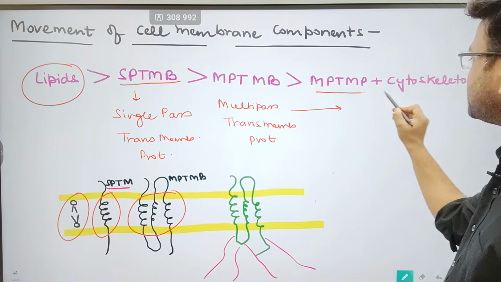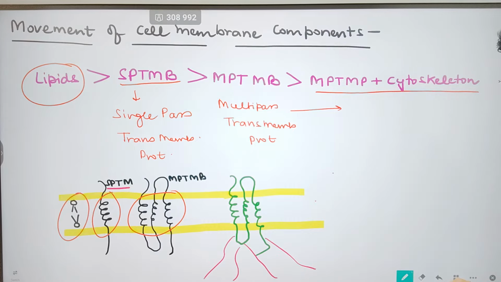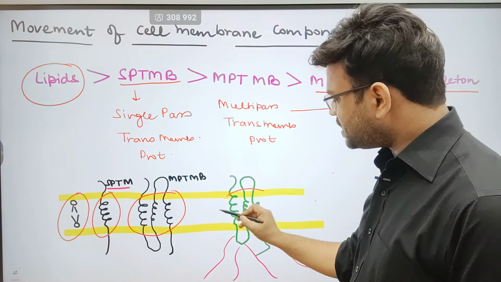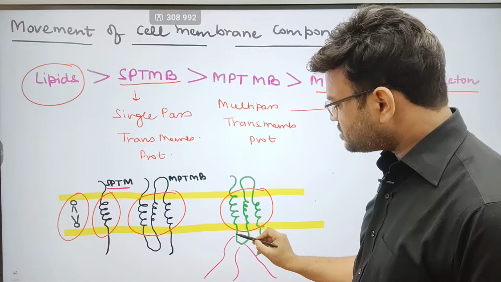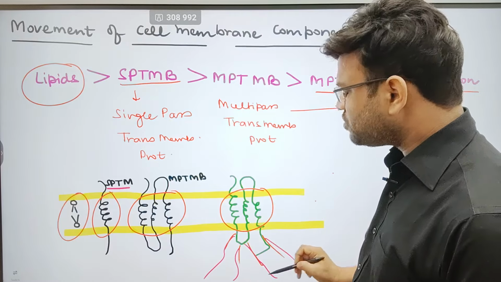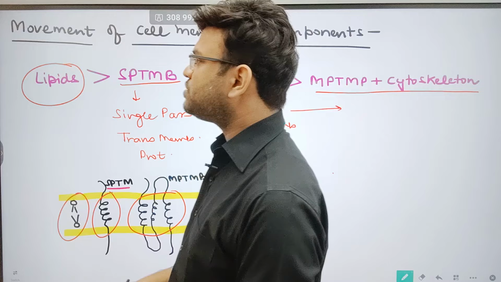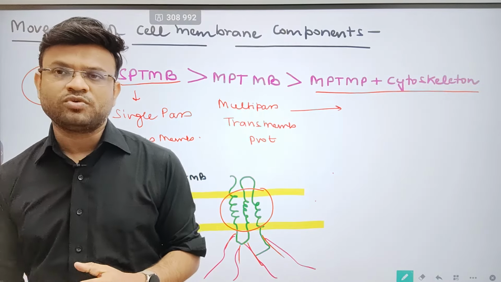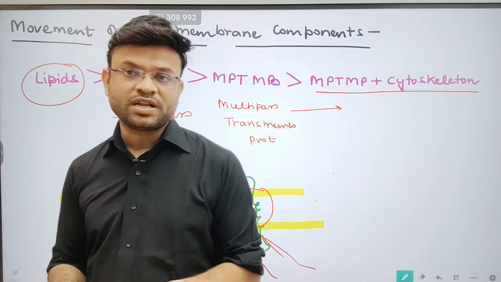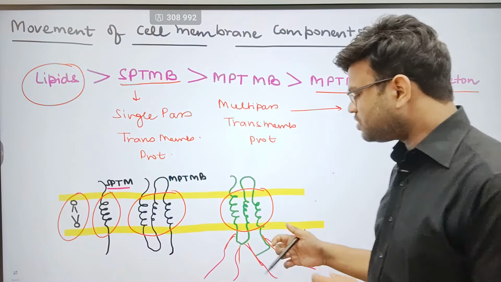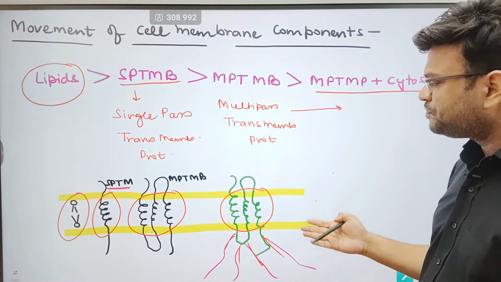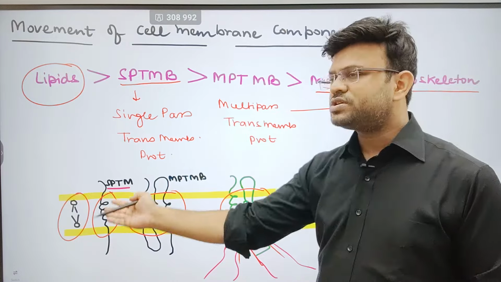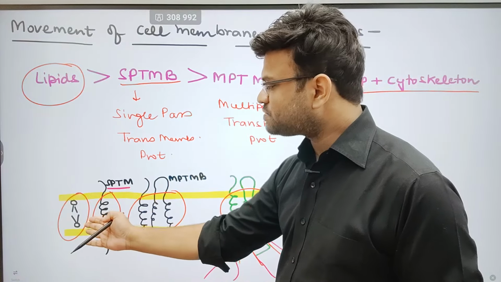Finally, multi-pass transmembrane protein plus cytoskeleton. That means this is a multi-pass transmembrane protein and it is also joined to cytoskeleton molecules. You might know what cytoskeleton molecules are. They can be microtubules, actin filaments, or intermediate filaments. All these components can be present over here. Obviously, this is very logical. Lipids would have the highest mobility.